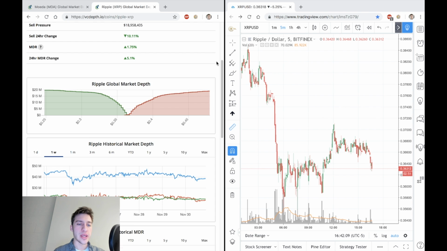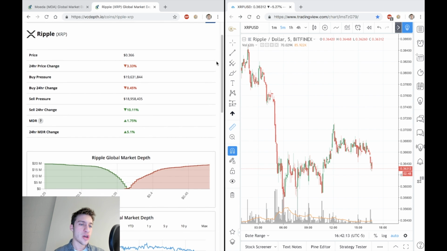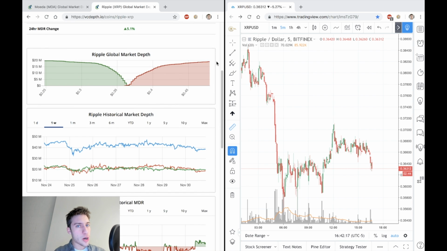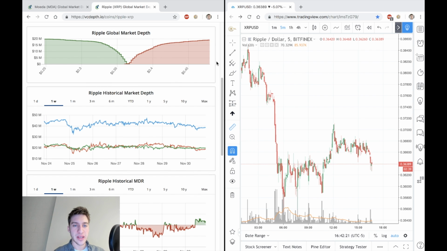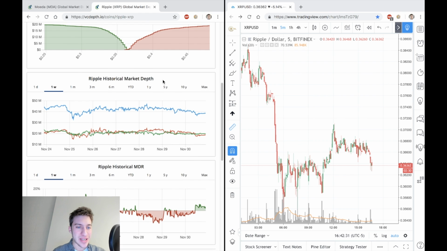Because when we're looking at MDR and these historical order book ratios, we want to use coins that have a large amount of volume. Now, one note before we go into the strategy, and I know I keep delaying this part: Bitcoin and Ethereum, especially Bitcoin, order books can be kind of tricky. This kind of data is great and helpful, but it can be a little bit spoofed on Bitcoin.